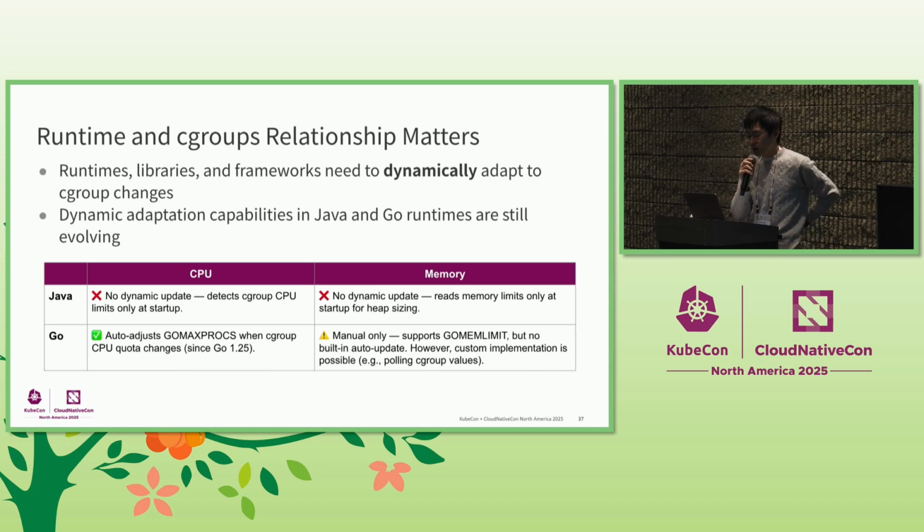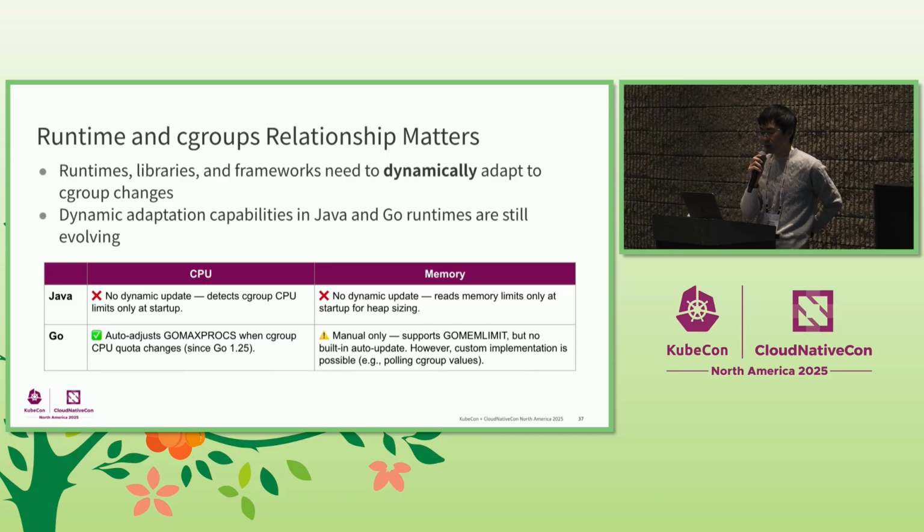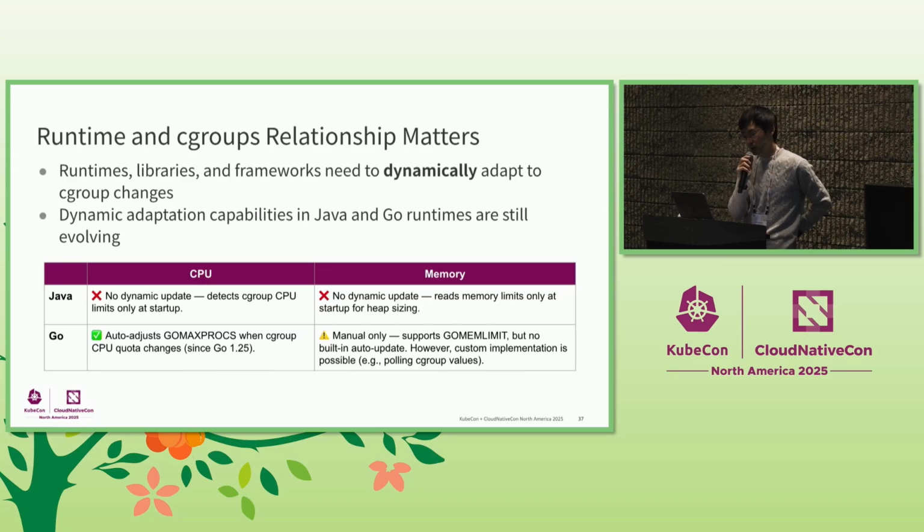We also need to be aware of how cgroups affect language runtimes and frameworks. In particular, for this feature, it's important whether the runtime can dynamically respond when limits are reduced while the application is running.